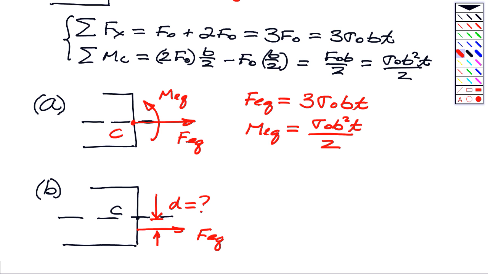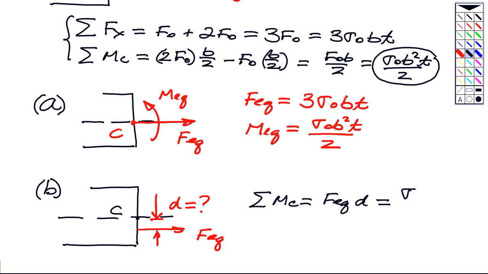So for this load, if I do summation of moments about C, I get the equivalent resultant force F EQ times d, and that must be the same thing as our moment about C in the original picture, which is sigma naught b squared t over 2.